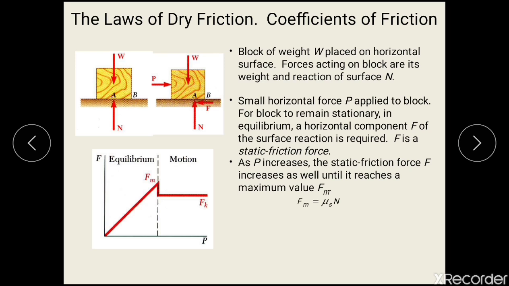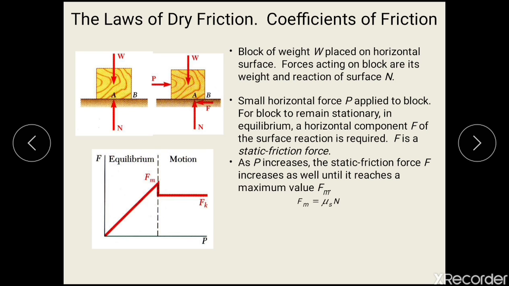In the graph, we can easily identify the relationship between applied load P and static frictional force F and their differences. Whenever applied load P increases, the static frictional force F also increases until it reaches the maximum value Fm.